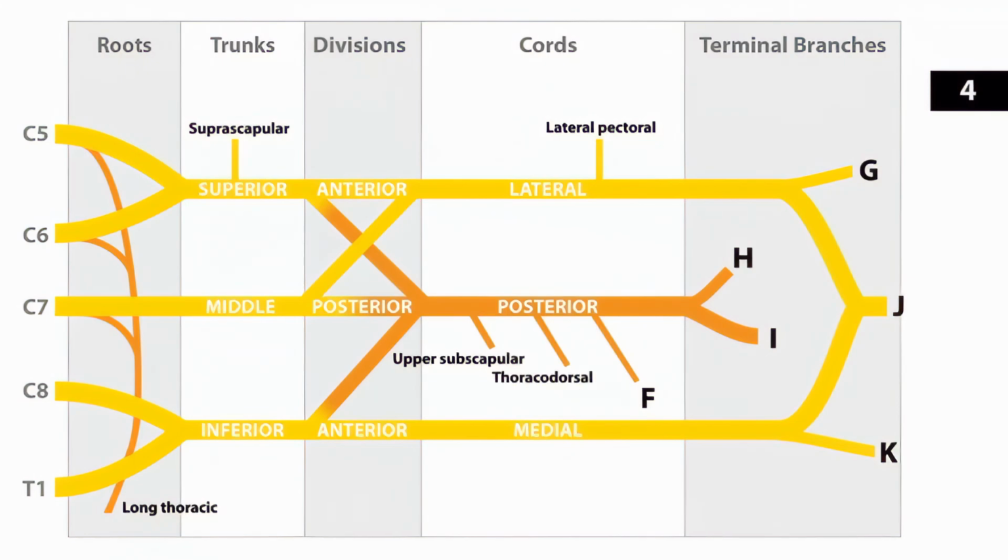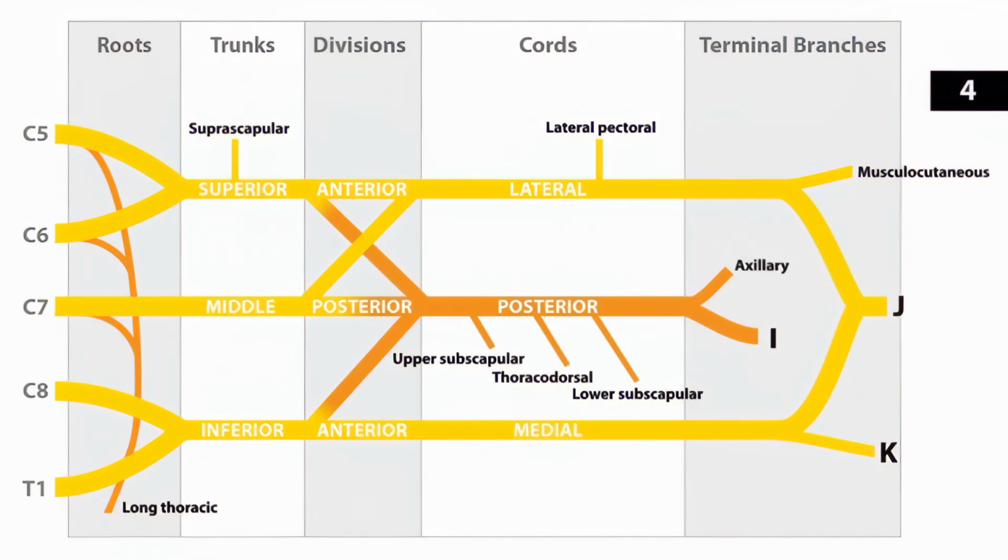Letter E is the thoracodorsal nerve, which innervates the latissimus dorsi. These are all coming off of the posterior cord. Letter F is the lower subscapular nerve, which innervates the teres major. Now moving on to the terminal branches. G is your musculocutaneous nerve. It innervates your biceps, coracobrachialis, and brachialis, the main flexors of your arm.